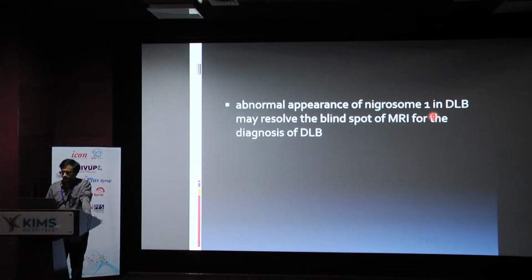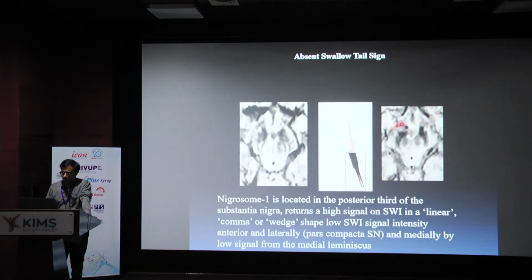At the level of the substantia nigra, we see whether there is a hyperintensity in the dorsolateral aspect of the substantia nigra or not. So loss of this will be one of the important signs for DLB from the MR point of view, to come to the conclusion that yes, it could be a DLB.